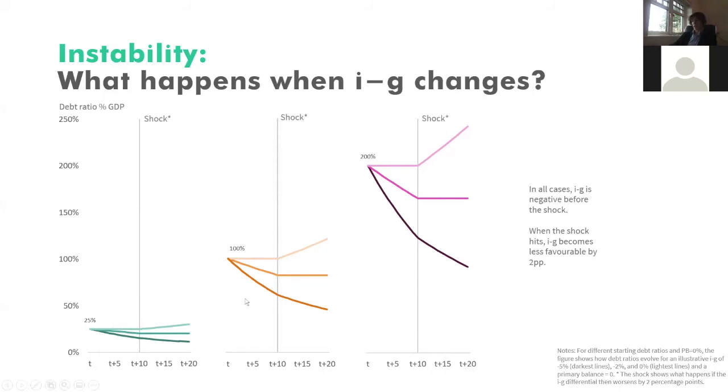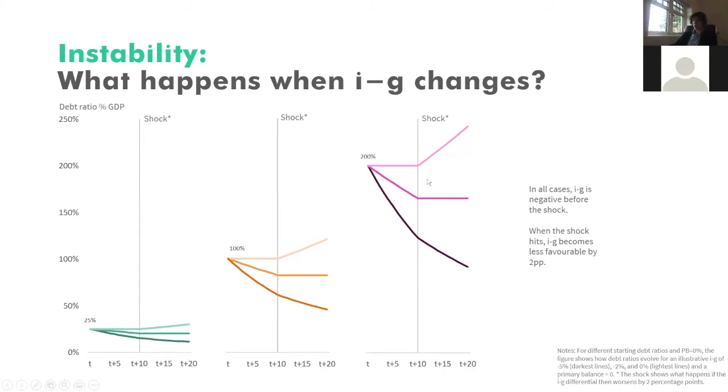The central line assumes that I minus G is equal to minus 2%, and that the primary balance is exactly zero, so you're running a balanced primary budget. In most configurations, the central scenario basically just leads to a stable debt ratio because you're running zero primary balance and I minus G is minus 2%.